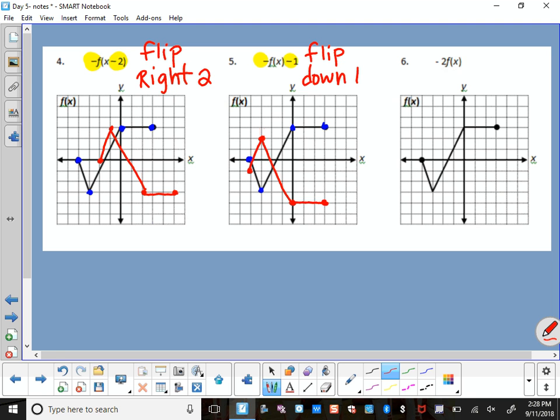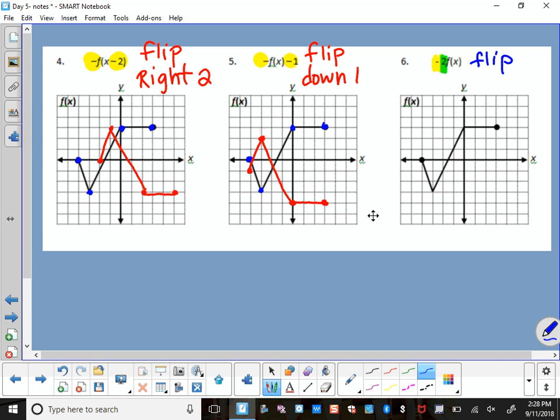For the last one, we're not going to actually graph it, but I have 2 transformations here. My negative tells me to flip. What does that 2 tell me to do? Look at your graph. If there's a number in front of your function, you're going to either stretch or compress.